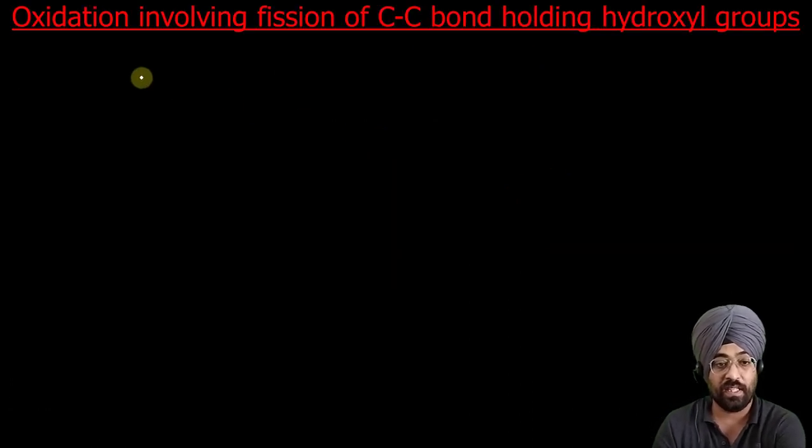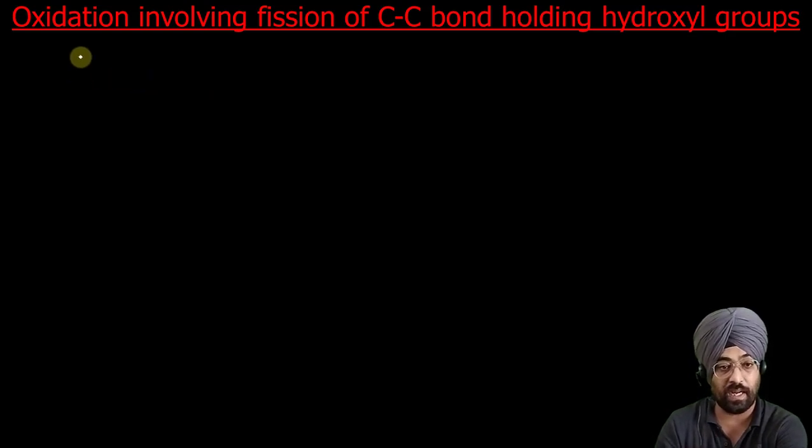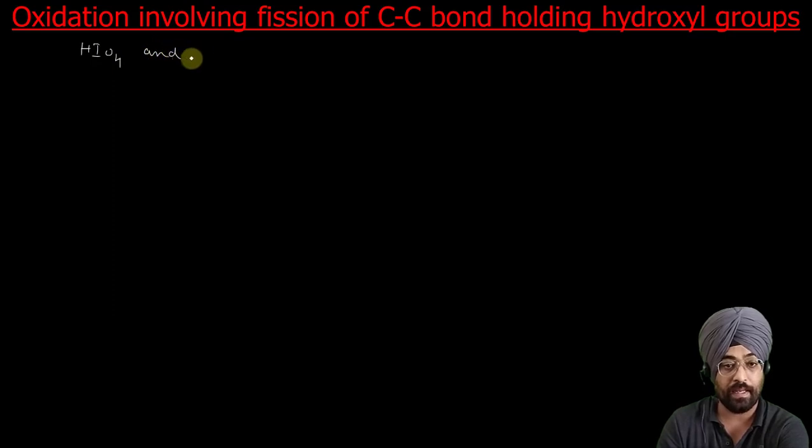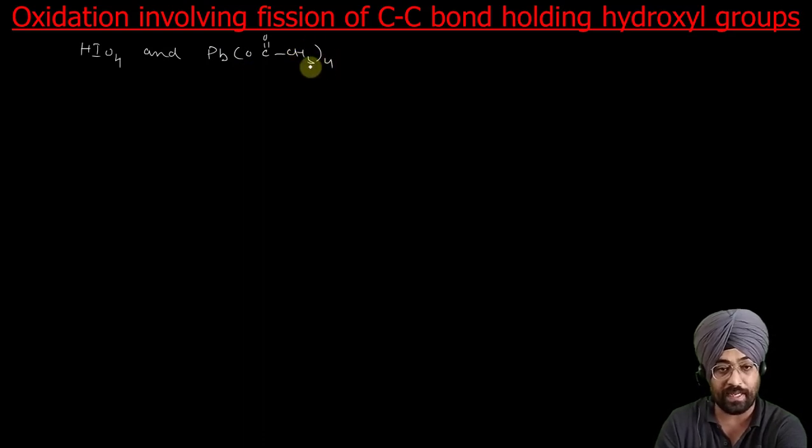So let us discuss these reactions. The reagents used for such reactions are HIO4 and lead tetraacetate, Pb(OCOCH3)4. HIO4 is used in aqueous medium and lead tetraacetate in some organic solvent.